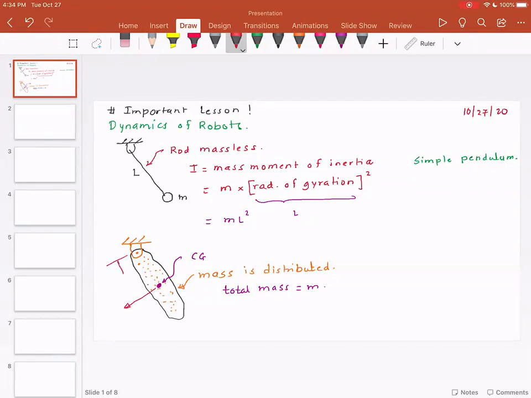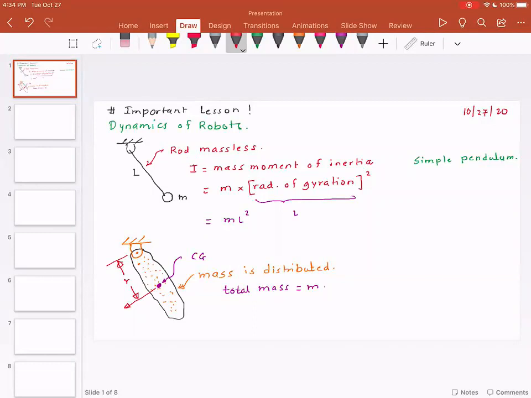You perform the calculations for CG using the concepts that you studied in statics and dynamics, and you found out the CG is at radius r. Now, if we want to formulate the differential equation of motion when the mass is distributed, please understand, in this particular case, the mass is distributed. It's not concentrated at the end.